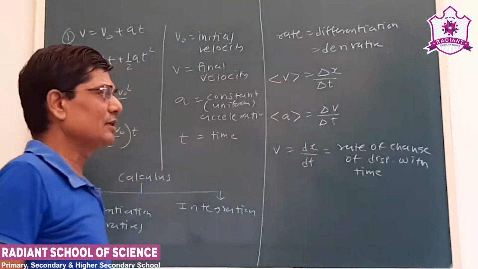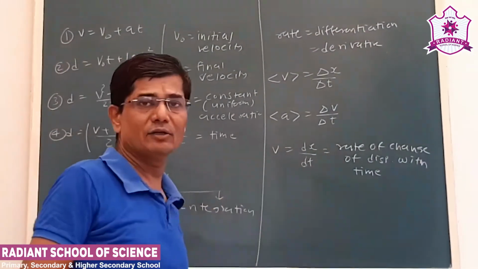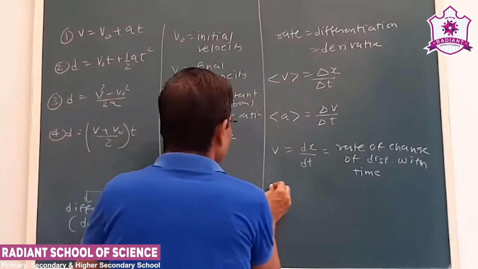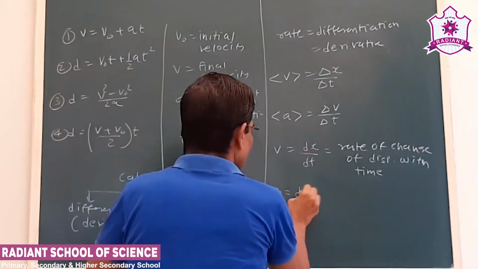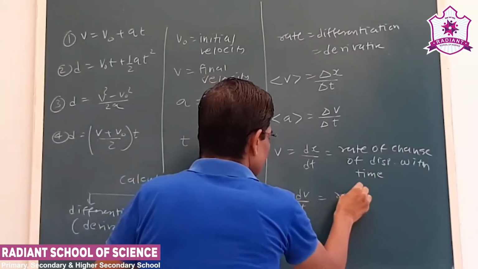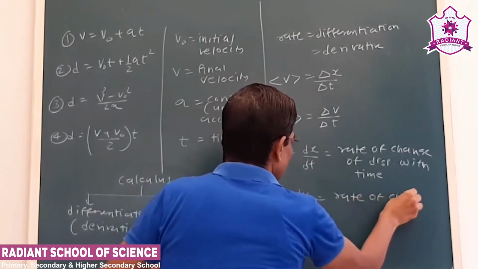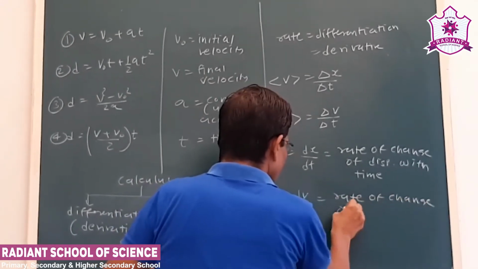If x is distance, then dx by dt will give the value of speed. Similarly, instantaneous acceleration is dv by dt, that is the rate of change of velocity.